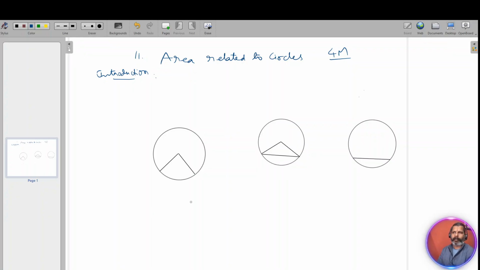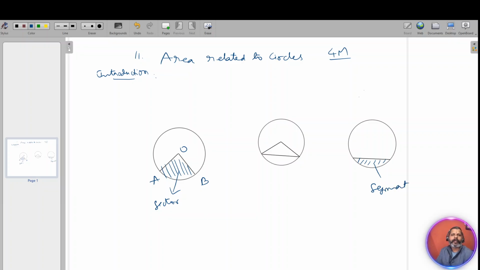As we have seen in the previous class, this sector is nothing but the area between two radii and the arc of the circle. This is called sector. Area between the chord and the arc is called segment.